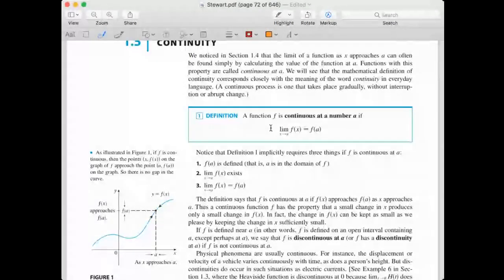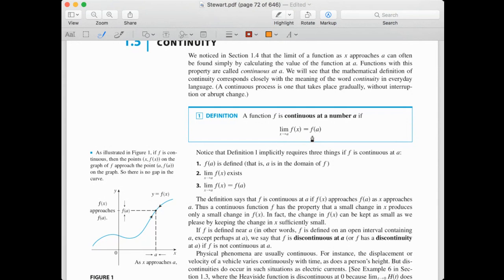So continuity means this. A function f is continuous at a value, right? It means the limit equals the function value. Because in the past, we have seen certain situations. Sometimes the limit exists, but the limit does not equal the function value, so of course it's not continuous at the point.